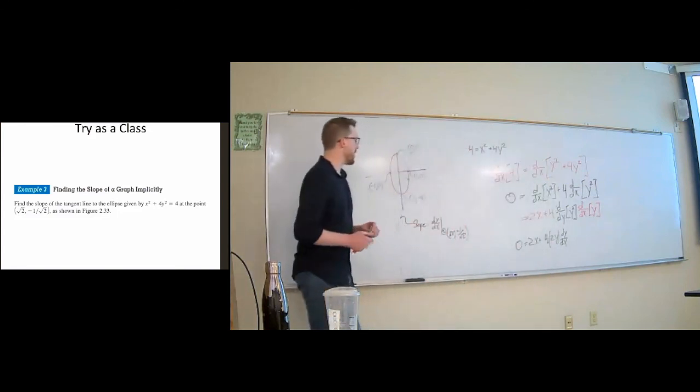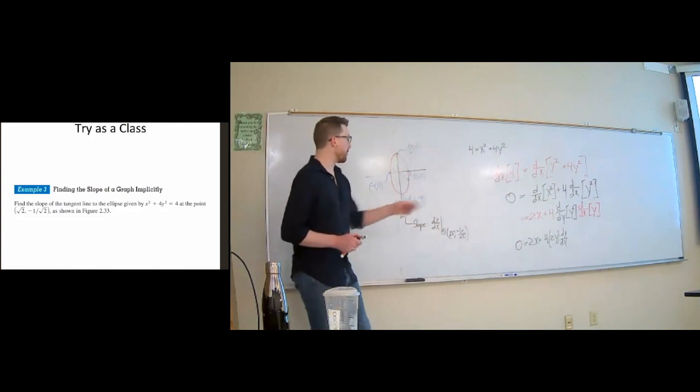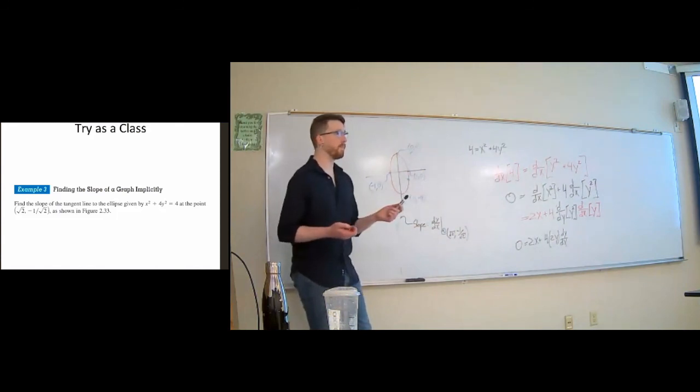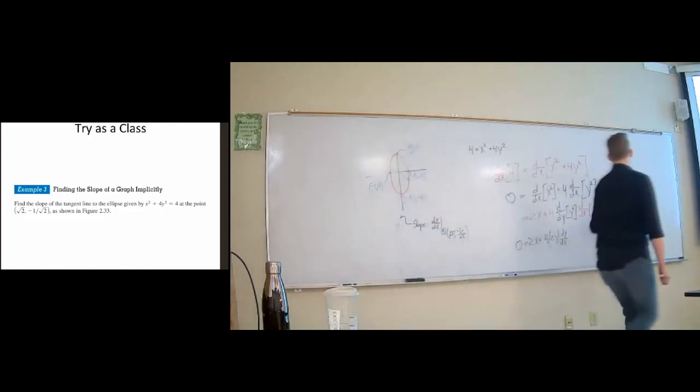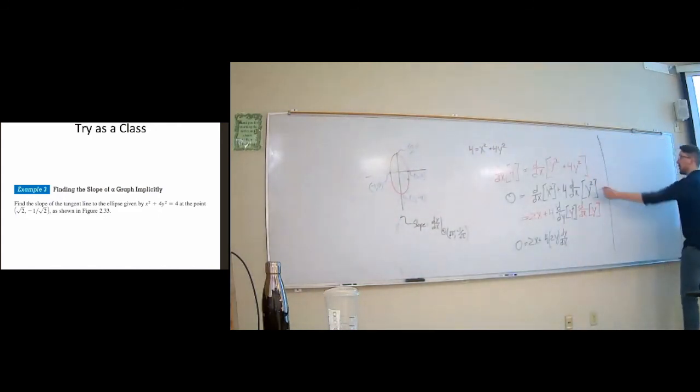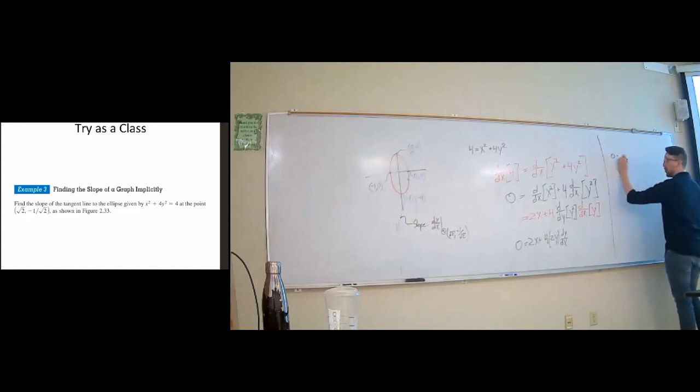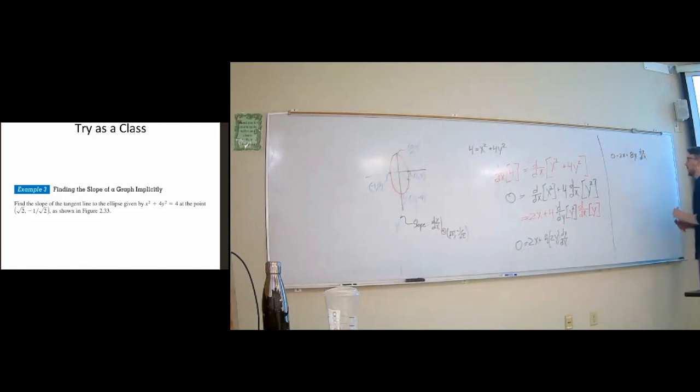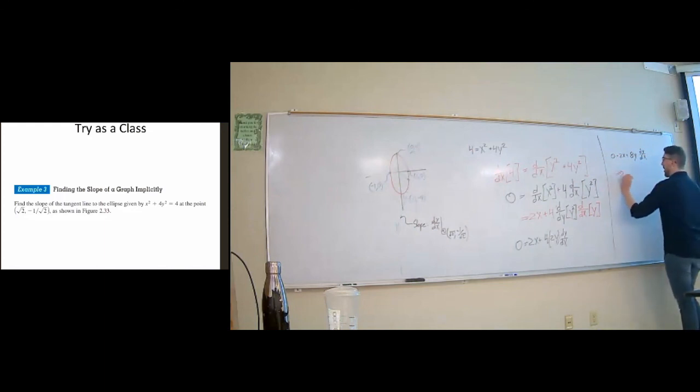We're trying to solve for dy/dx. So now we have to subtract 2x from both sides, because we have to solve for dy/dx. So 0 is equal to 2x plus, simplifying this, 8y dy/dx. Subtracting 2x from both sides, we get negative 2x is equal to 8y dy/dx.